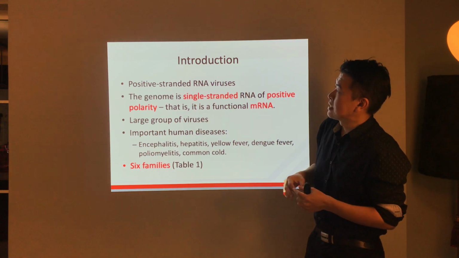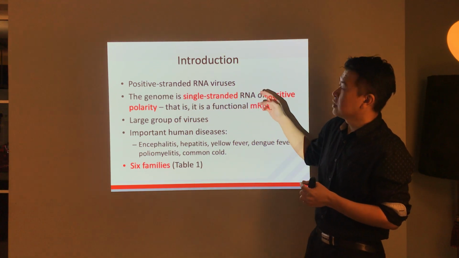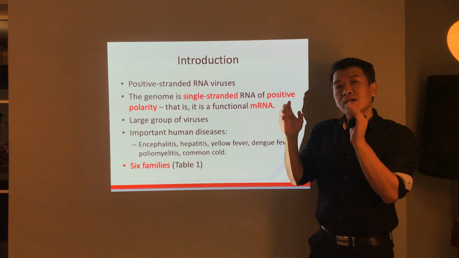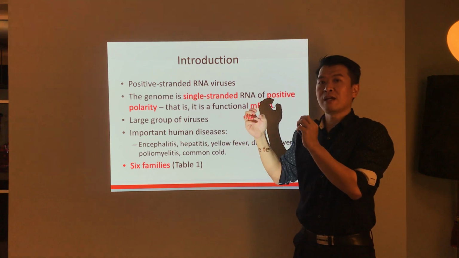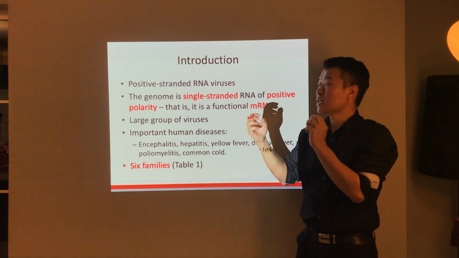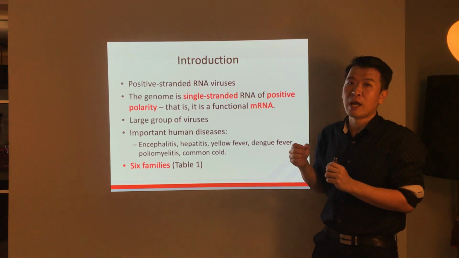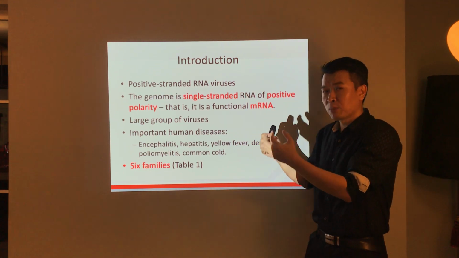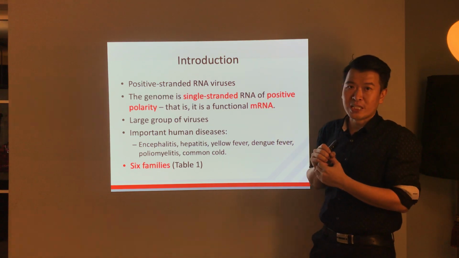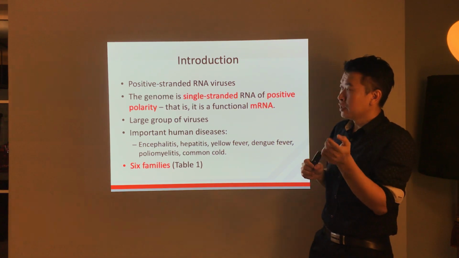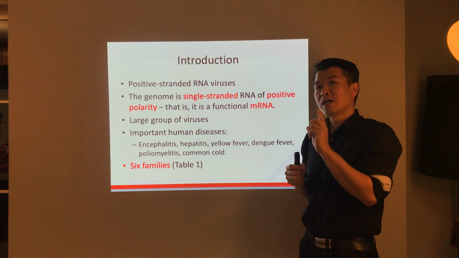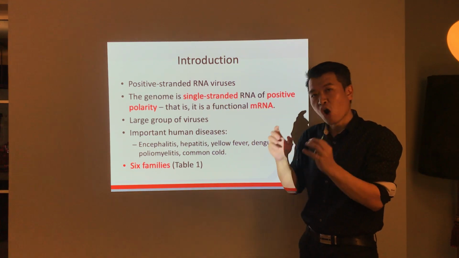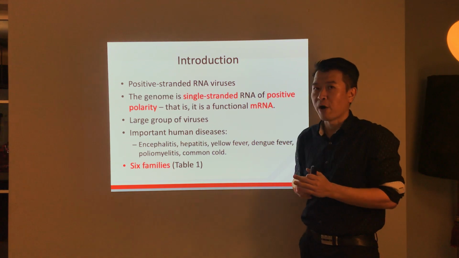So the genome of the positive-strand RNA virus is 5' to 3', which means it can be used as a functional mRNA, directly used for the production of protein. Now it raises the question: does it mean that the positive-strand RNA virus has all the characteristics of the mRNA?